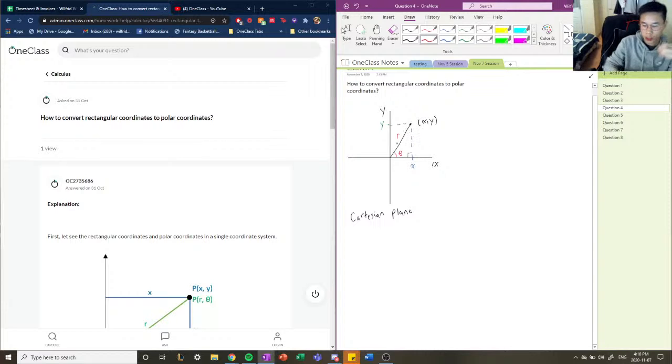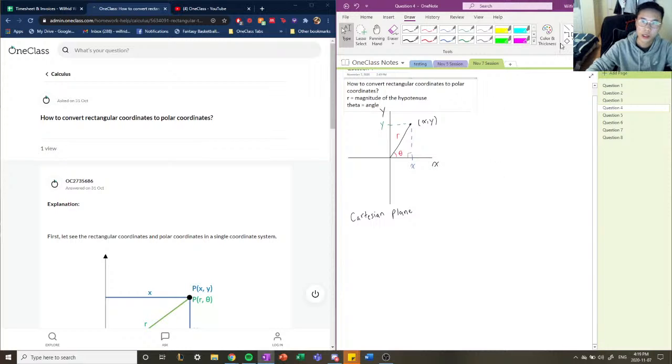And r equals the magnitude of the hypotenuse, while theta equals the angle, okay? So we want to use the values of x and y to convert to different coordinates with the magnitude of the hypotenuse and the angle, which is theta.